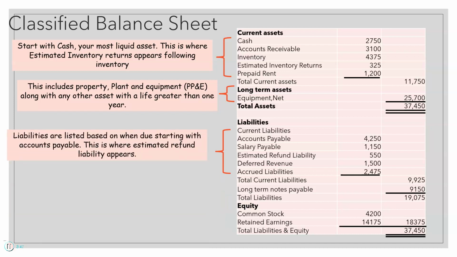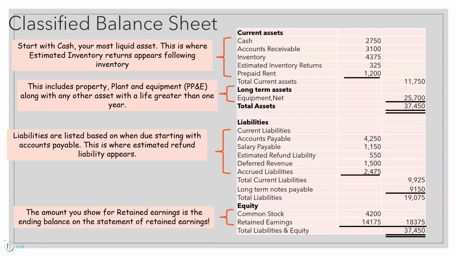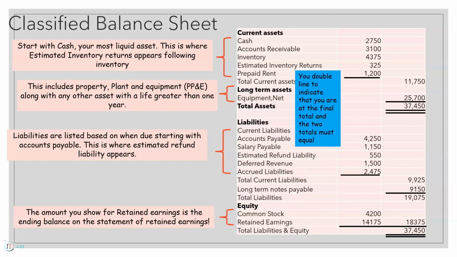Then we would show our current liabilities and long-term after that, and then our equity. And remember, the retained earnings you use is the one from the statement of retained earnings. Now, you double line to indicate that you're at the final total. So that's how you know. Oh, and the other thing is you also want to make sure those two equal because a balance sheet has to balance.